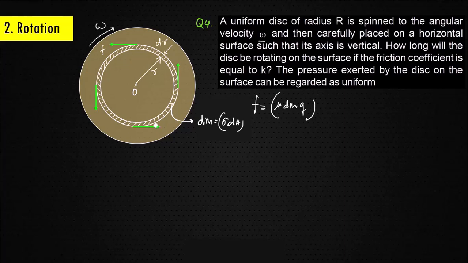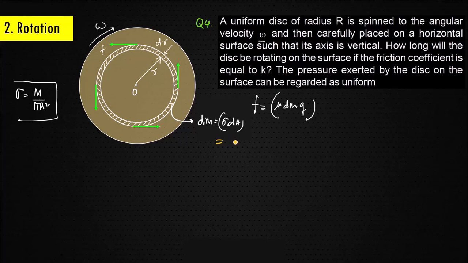Now what is sigma? Sigma is basically our total mass divided by area. Sigma is the total mass of the disk, let us say m, divided by pi capital R square. So sigma into dA. Now regarding this ring element, what is the dA?